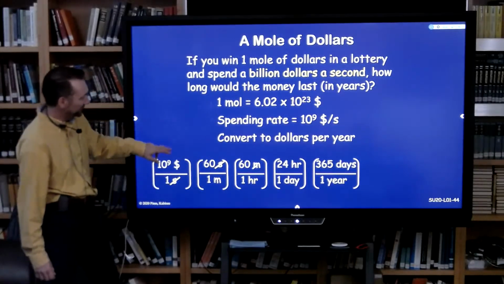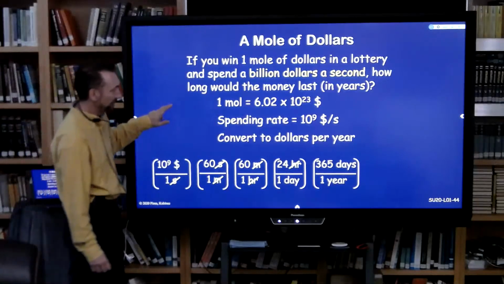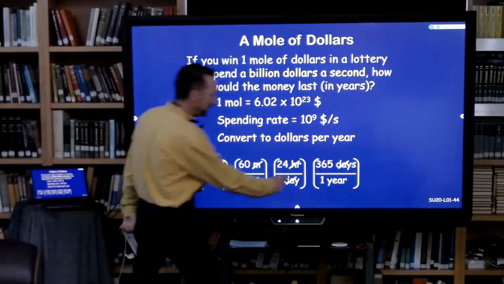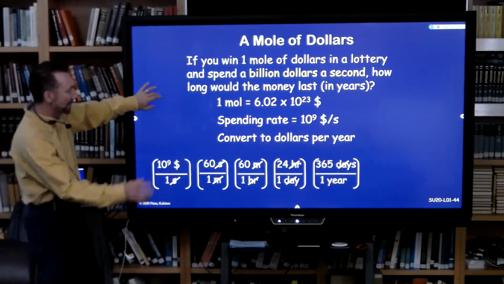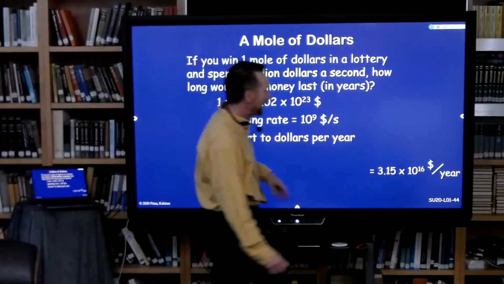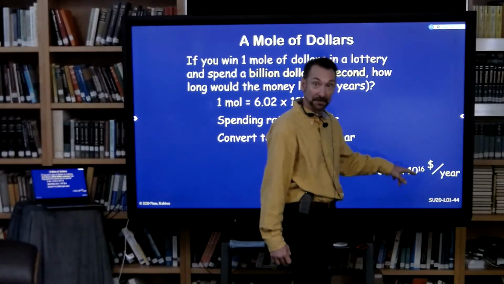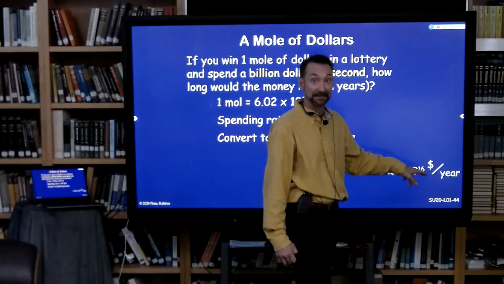The seconds cancel, the minutes cancel, the hours cancel, and the days cancel. And it gives us dollars per year. If we multiply through the numerical values, 10 to the 16th years to spend a mole of dollars at $1 billion a second.